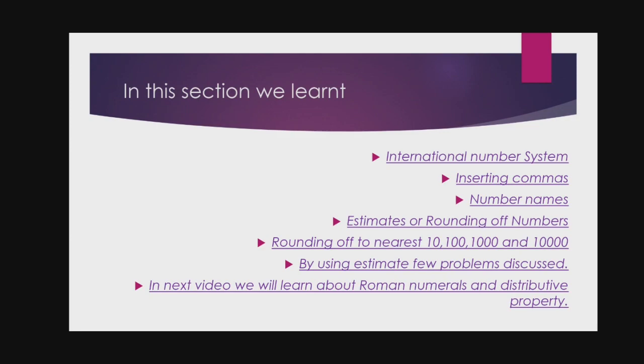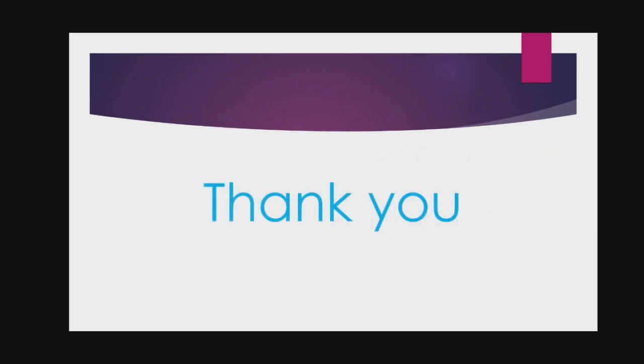In estimate or rounding of numbers, there are 4 kinds of rounding: nearest 10, nearest 100, nearest 1000, and nearest 10,000. By using estimate, five problems were discussed. In the next video, we will learn about Roman numerals and distributive property. Thank you.